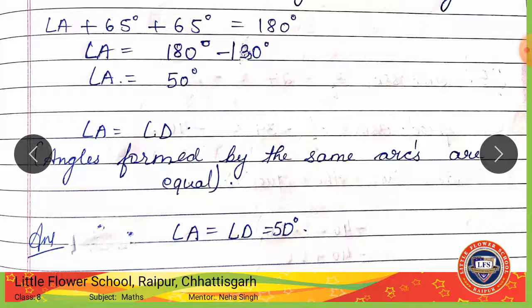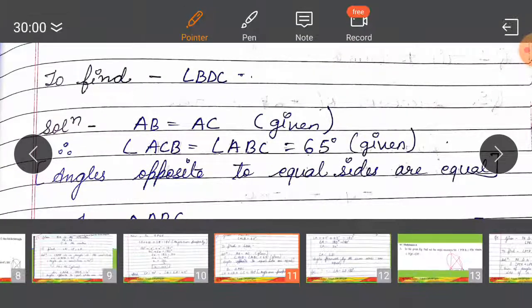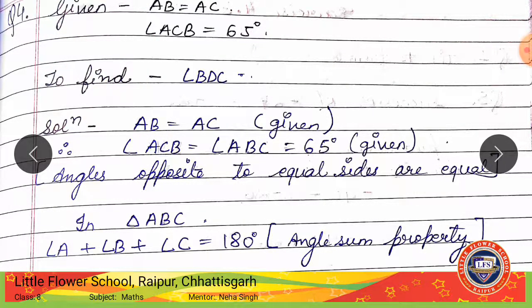See, for these questions, you are going to write the questions. You will draw the diagrams neatly with pencil, and then you are going to start with the solution. And for the solution also, like the pattern I have written, you will mention the given and to find, and then you will start with the solution, right? And these are all important points you need to write. Why you are using this property, or how the angle is 65 degrees, or why you are using that A plus B plus C is 180 degrees. Why are we using it? Because we know that it is the angle sum property.